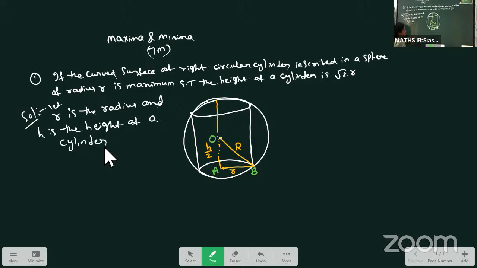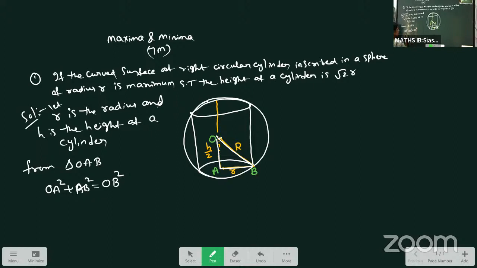Now, if you observe, OAB is a right angle triangle. So from triangle OAB, what is the right angle triangle concept? OA square plus AB square equals OB square.